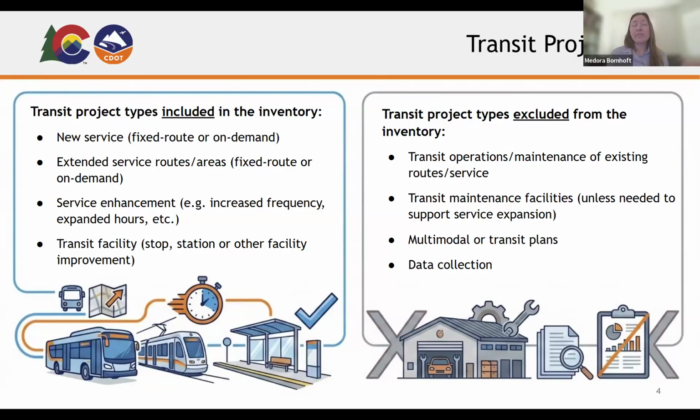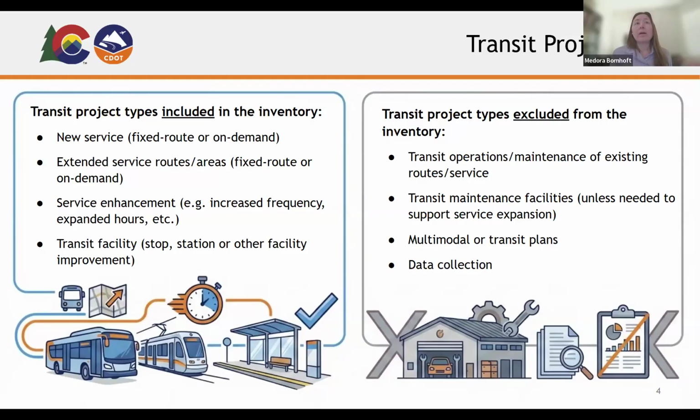So you see on the left, the project types that can be included in the inventory include things like new transit service, whether that's fixed route or on demand, extended service routes and areas, service enhancement like increased frequency or expanded hours, or a transit facility that supports service expansion.